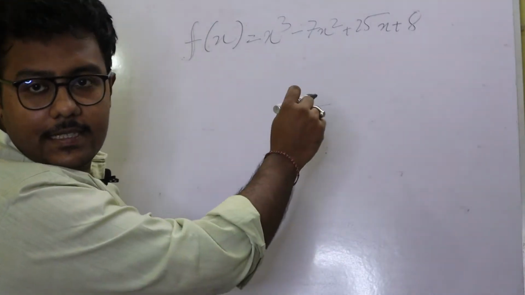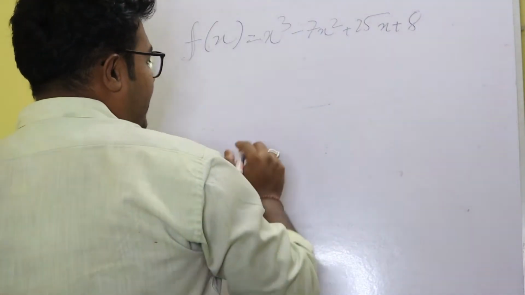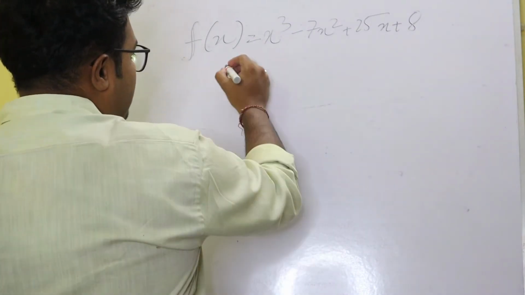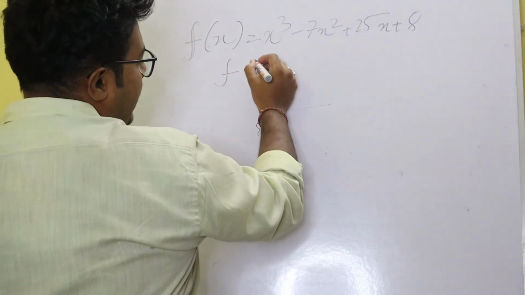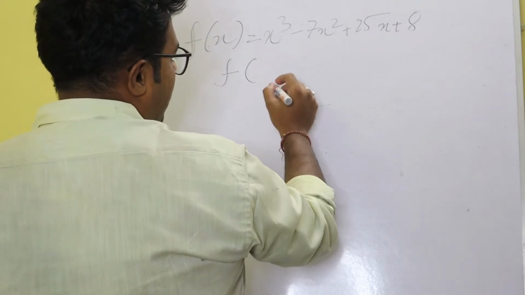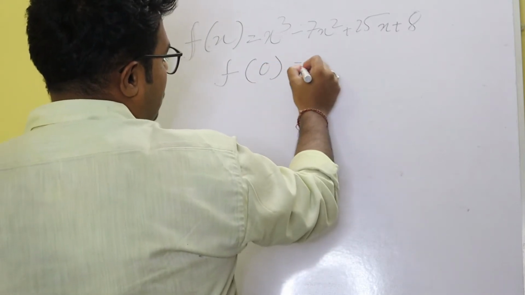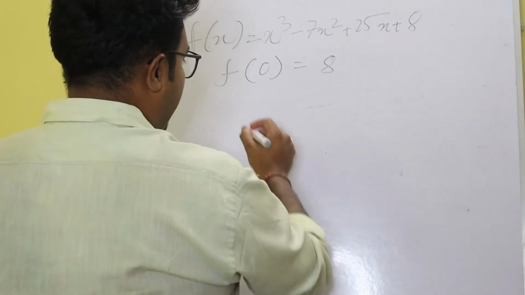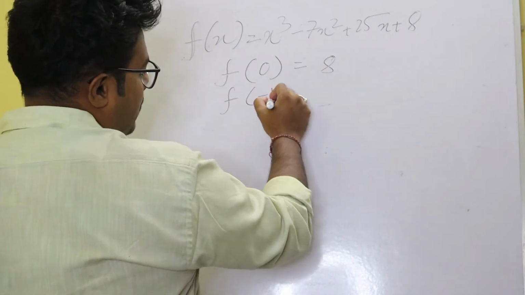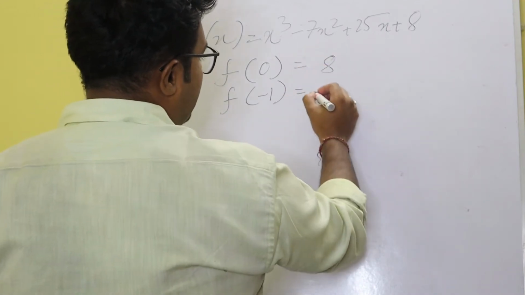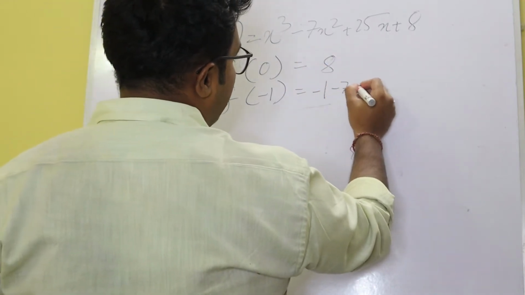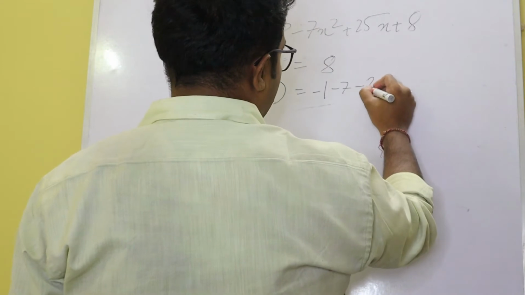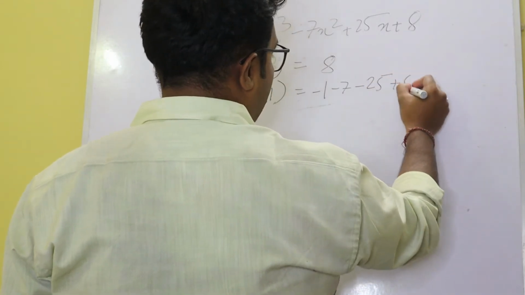Now friends, this is what we are given, and this is a function. Suppose for x equal to 0, what we are getting is 8, and for x equal to minus 1, what we are getting is minus 1, minus 7, minus 25 plus 8.